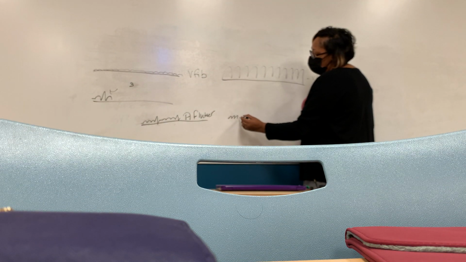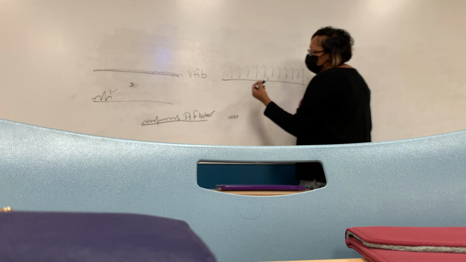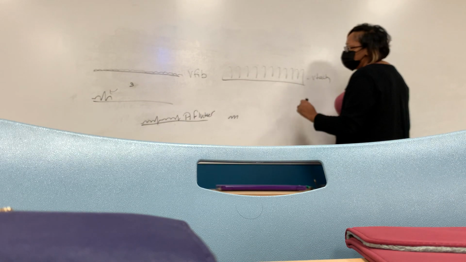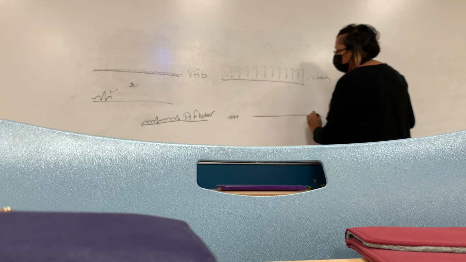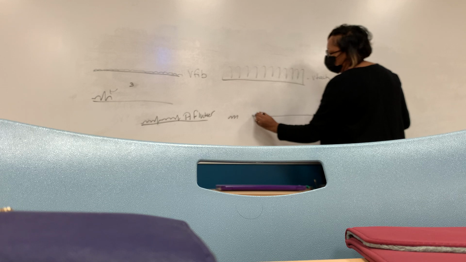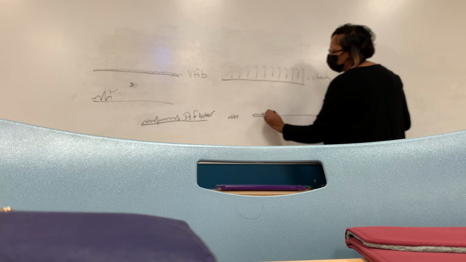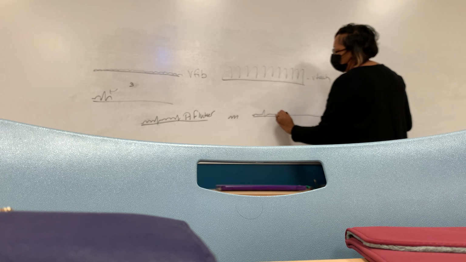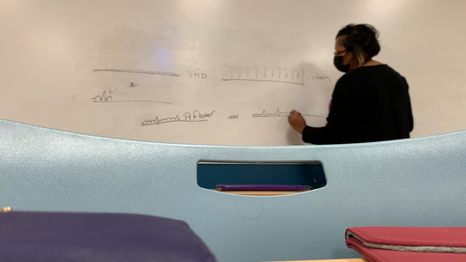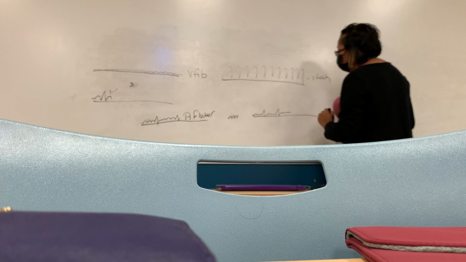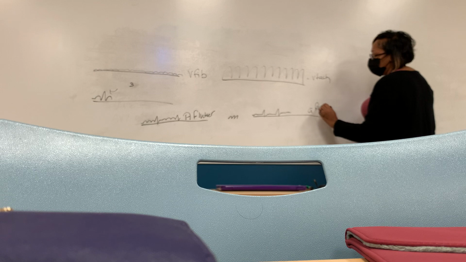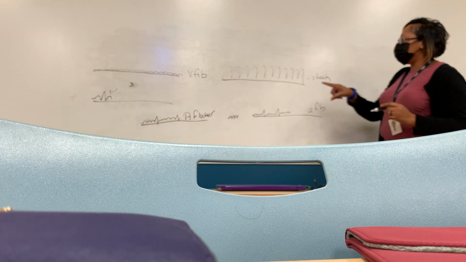Some of them are going to be rounded. I like when they're like that because you truly know that it's a flutter. And that one's AFib. So we have VFib, VTach, AFib, atrial flutter, and we did the normal and the brady.